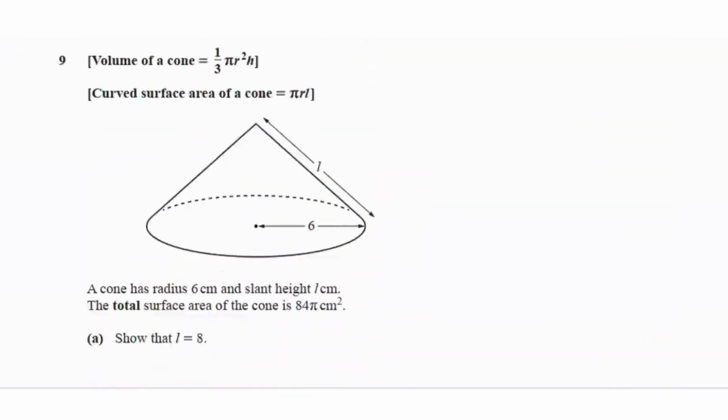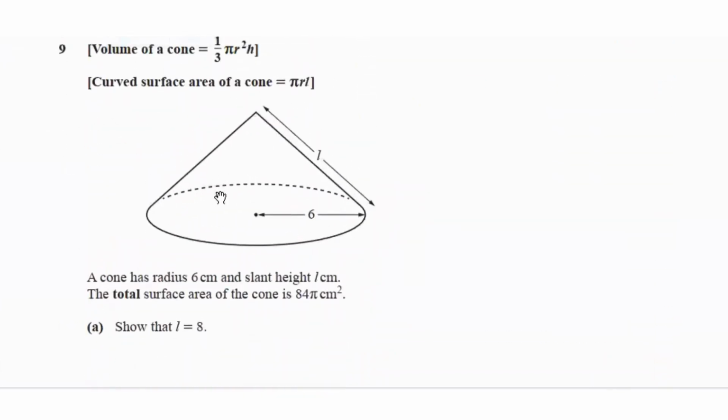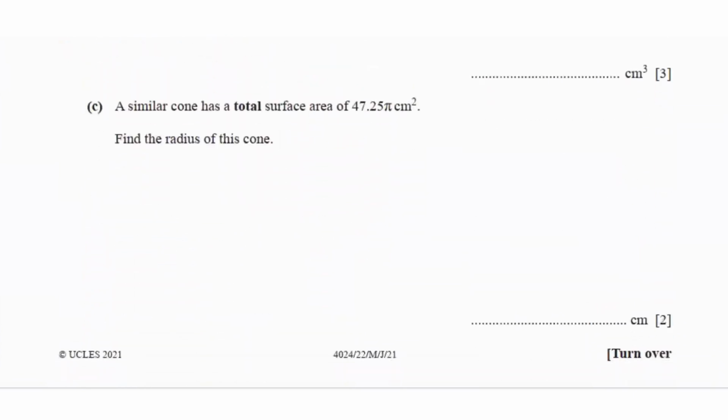We just know that the total surface area of our cone is 84 pi. So we'll do surface area 1 divided by surface area 2 equals R1 over R2 all squared.